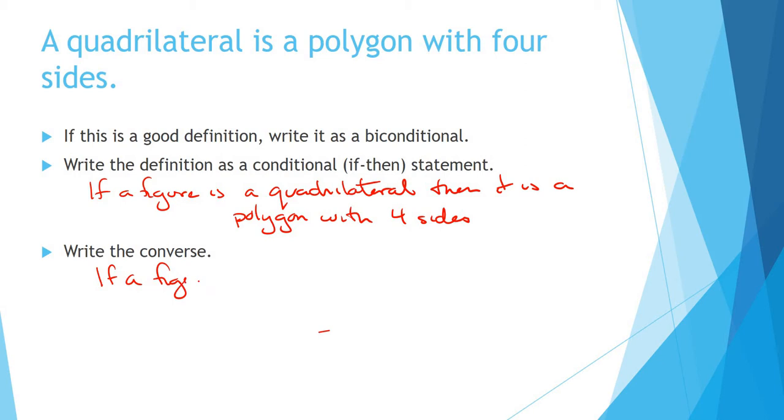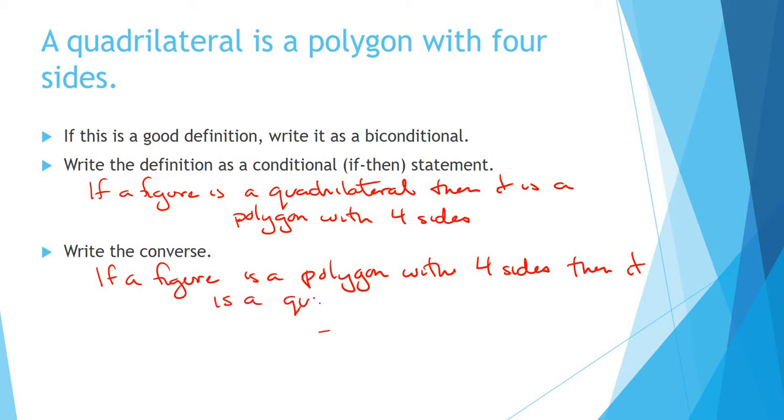Now I have to write the converse. If a figure is a polygon with 4 sides, then it is a quadrilateral. And then I can write it as a biconditional.